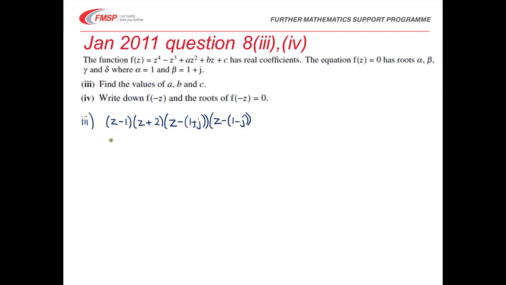And I've written it out like that with brackets to make sure that I don't make any mistakes with the minus signs. Multiplying out the first pair, z squared plus z minus 2. And then writing the second pair without the brackets, z minus 1 minus j, z minus 1 plus j.